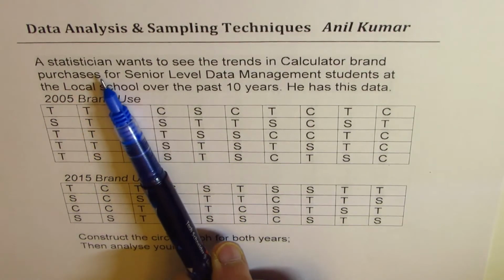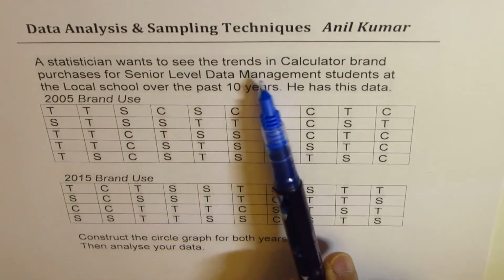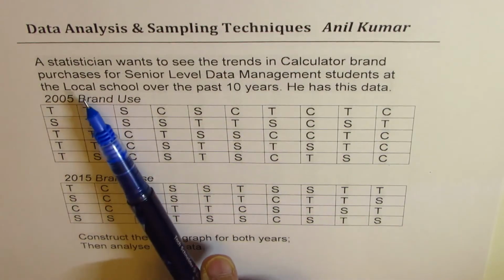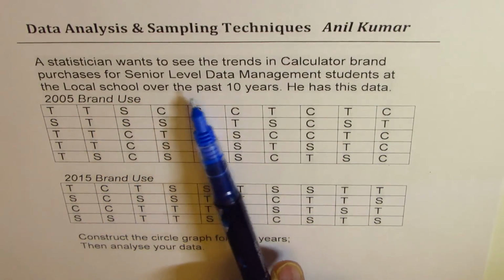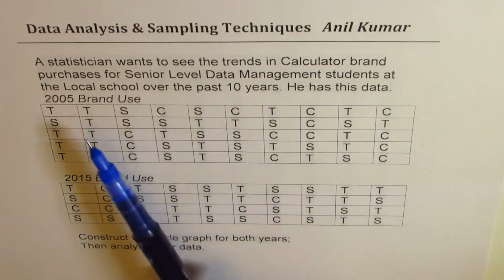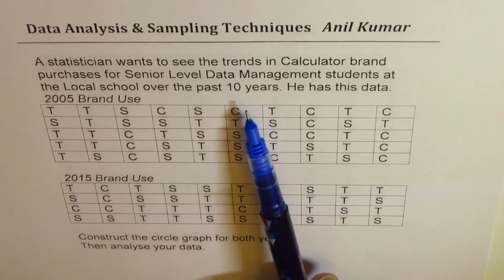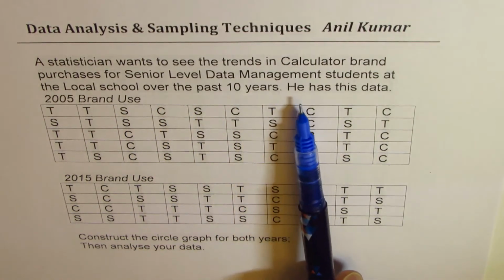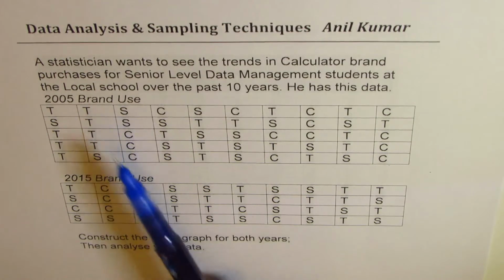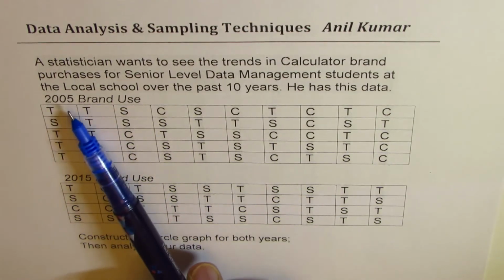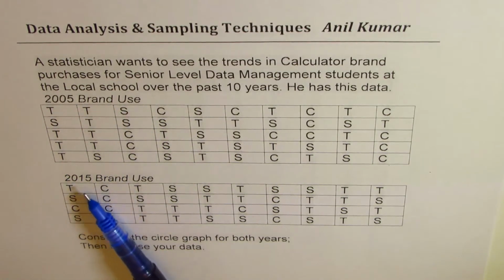A statistician wants to see the trends in calculator brand purchases for senior level data management students at the local school over the past 10 years. He has his data, so that's the data for 2005 brand use and 2015 brand use.